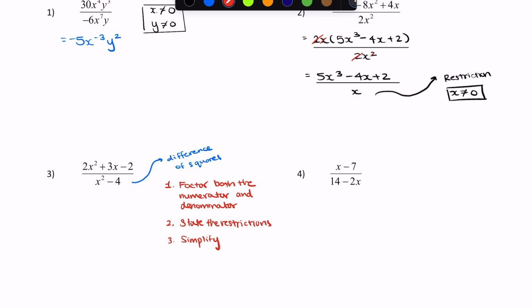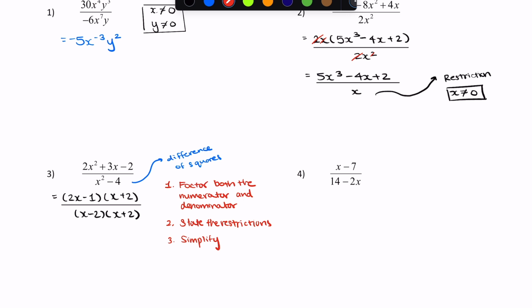So here we have 2x squared plus 3x minus 2 being a complex trinomial. Simply factor that the way that you prefer, either using the crisscross method, the slide and divide method, or decomposition. Regardless of which way you use, you get an answer of 2x minus 1, x plus 2, and in the denominator we'll get x minus 2, x plus 2.